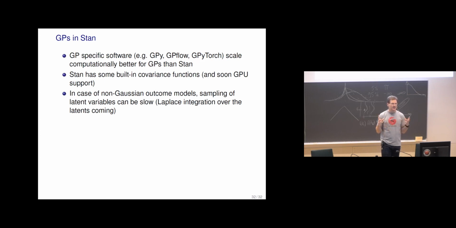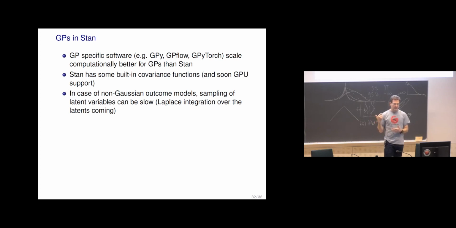And these GP-specific software can take into account so many different things related to GPs and use certain approximations, and they scale computationally much better than Stan, which has this more generic approach. It has some built-in covariance functions now, so it is getting at least some speed up and soon GPU support.